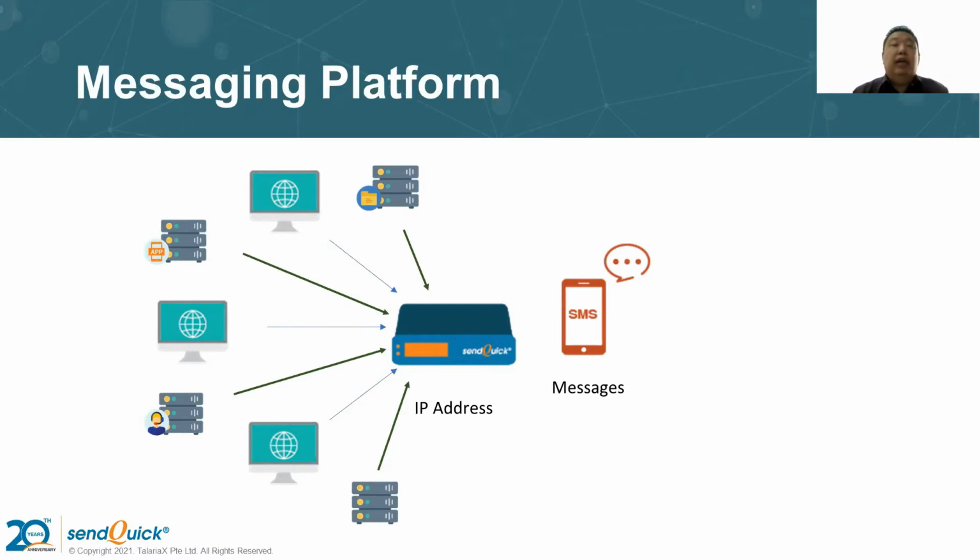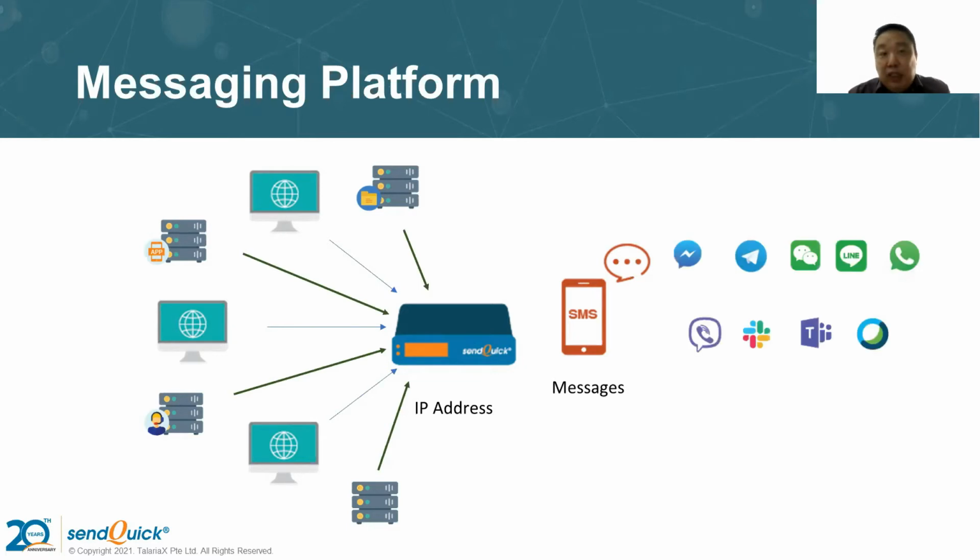Hardware issues, resource issues, reaching a certain threshold: you will be able to send the message to sendQuick, and sendQuick will allow you to send it out as a message. Now, besides SMS, sendQuick can also send to what we call MIM apps, the mobile instant messaging apps.